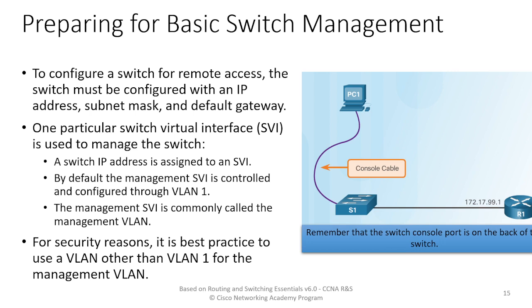Another approach that we have is actually using the IP network. The switch is connected to the network, so we can have a virtual switch interface available to us to configure, and that will be part of the IP network.